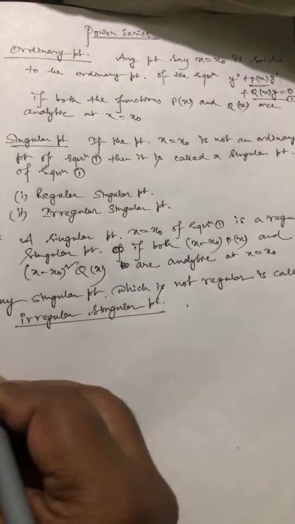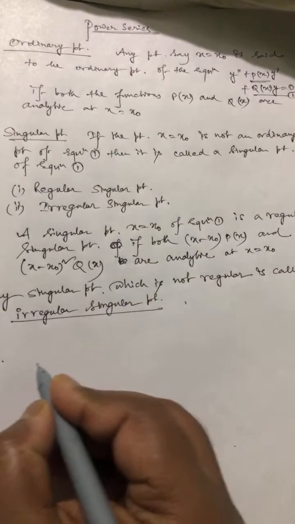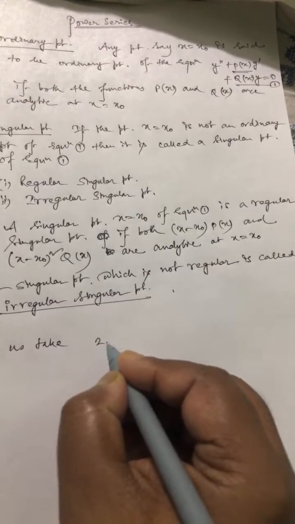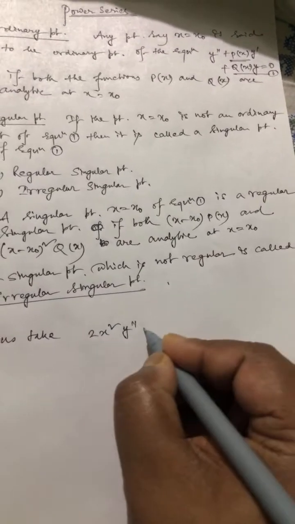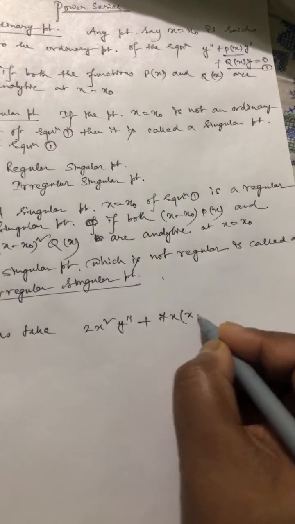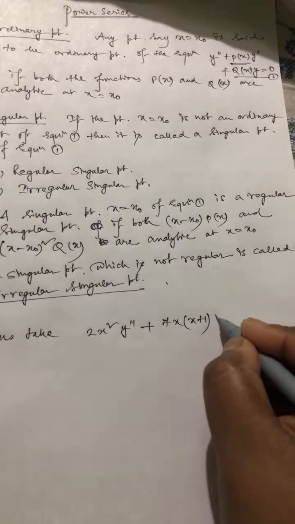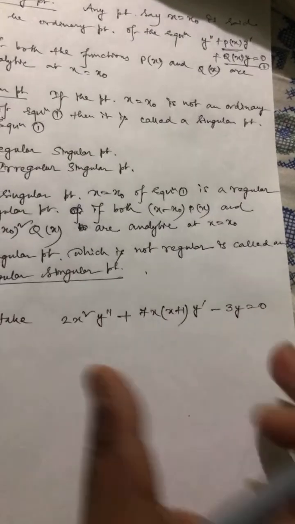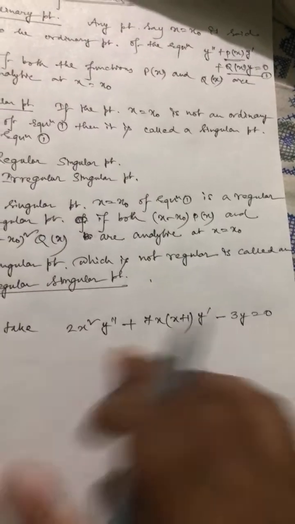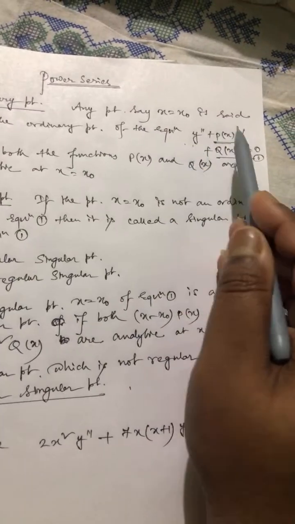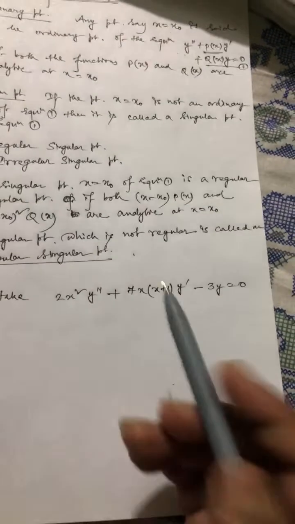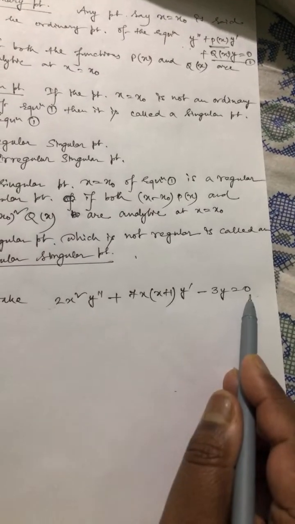For example, let us consider the equation 2x square y double dash plus 7x into x plus 1 y dash minus 3y equals to 0. We have taken this differential equation. You can see, first of all, we have to compare this equation with the standard form y double dash plus p x y dash plus q x y, that is equal to 0. So this is the equation under consideration.